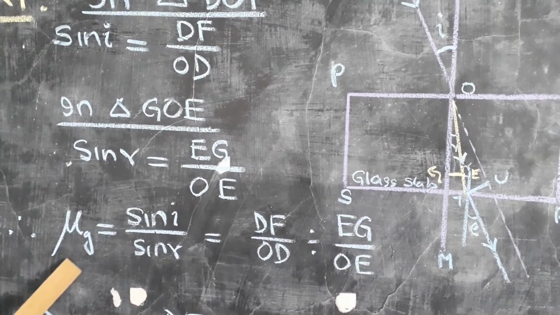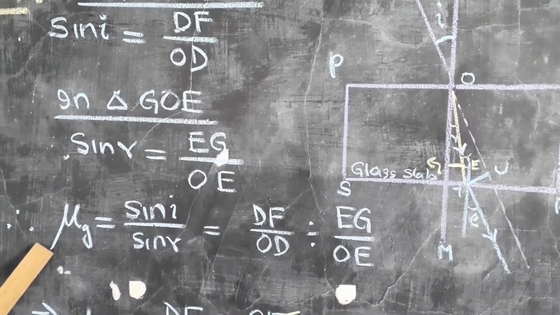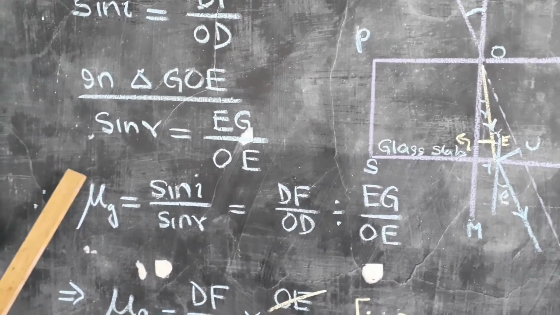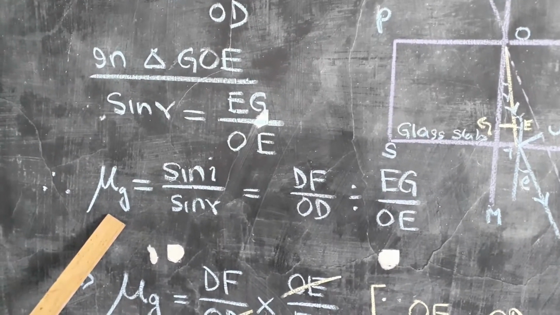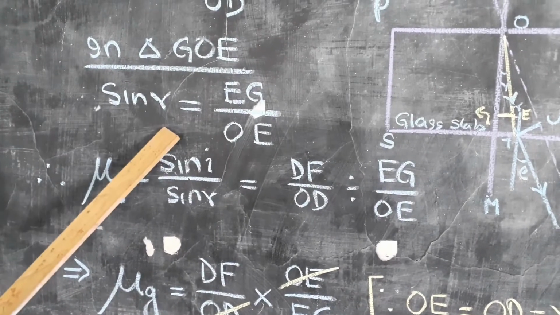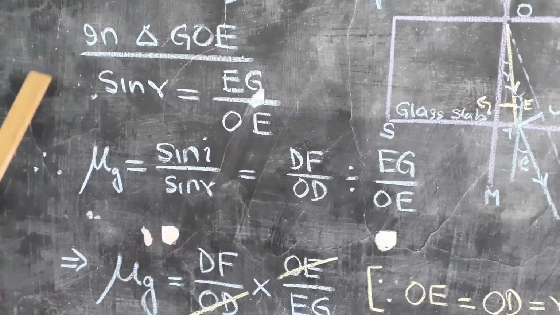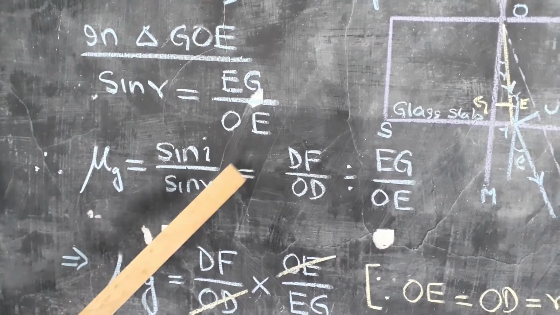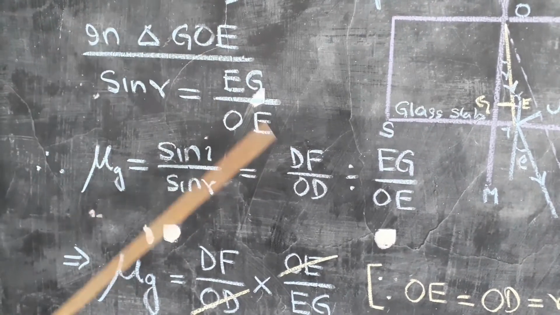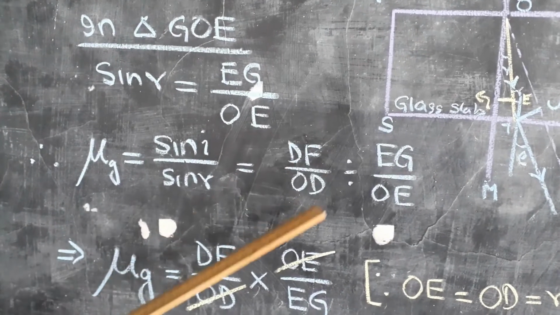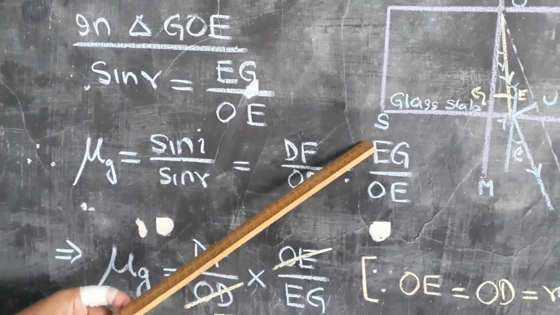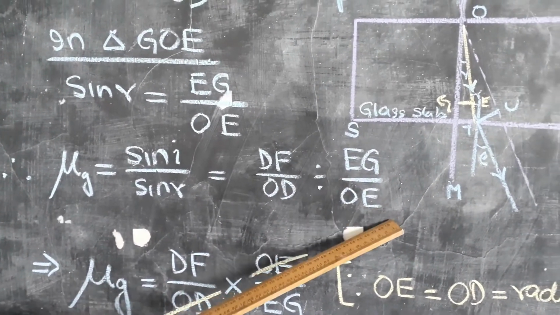So the refractive index of glass with respect to air, this kind of refractive index is known as the absolute refractive index of glass, is equal to sine of angle of incidence by sine of angle of refraction, which was given by Willibald Snell, which is equal to, from trigonometrical ratio, DF over OD divided by EG over OE.